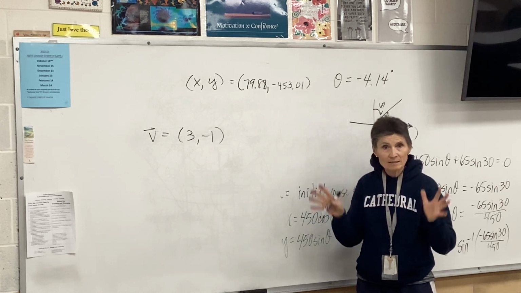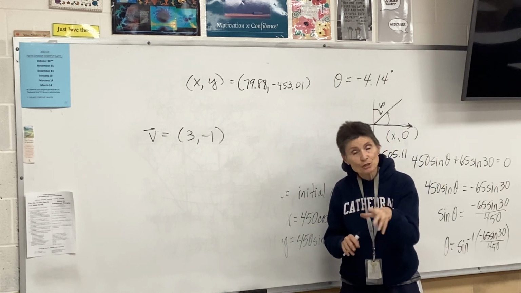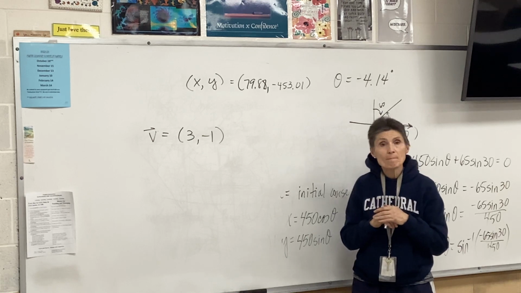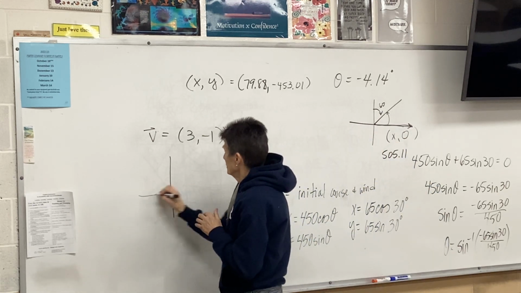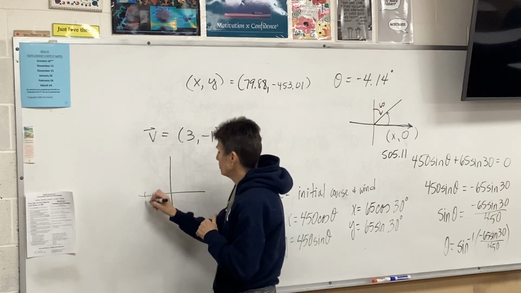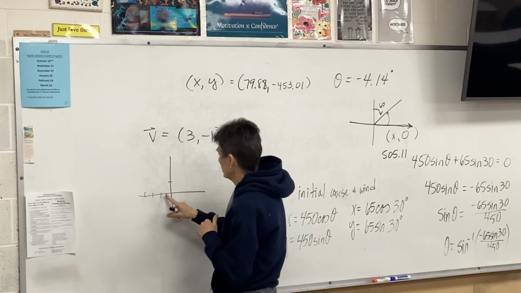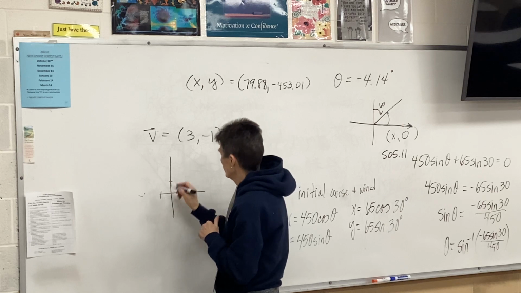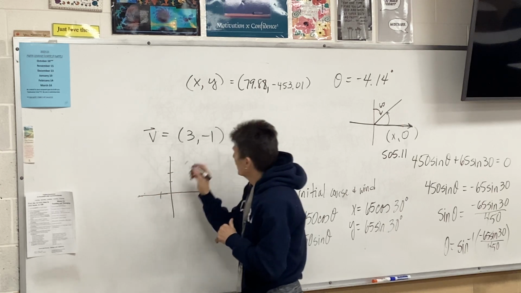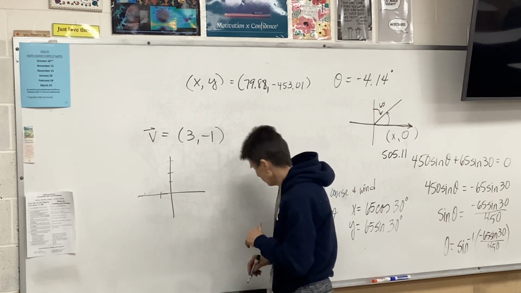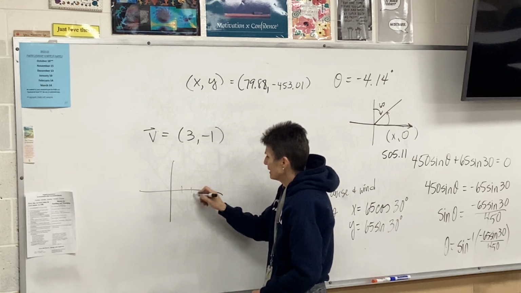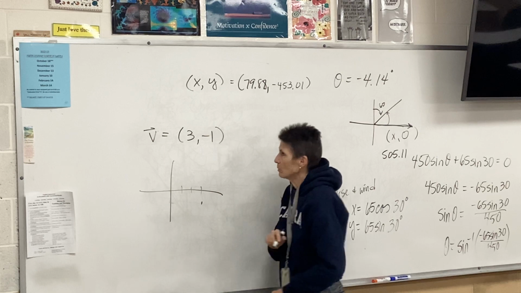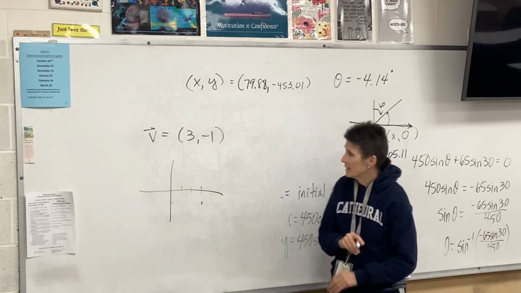So let's go back to the beginning. What is the magnitude of that vector? What is the magnitude of vector v? Well, it's 3, negative 1.